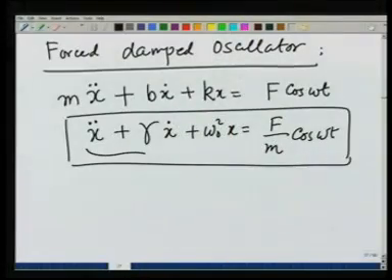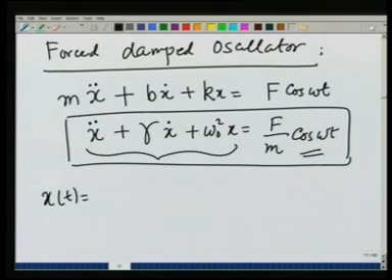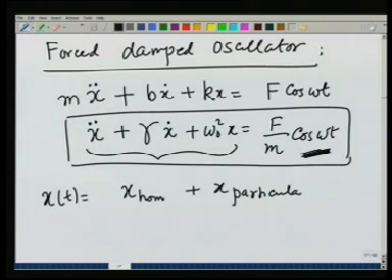Again, as in the case of the free oscillator, I would have the general solution as the sum of the homogeneous part solution and a particular solution. So, x(t) equals x homogeneous plus x particular, where the particular solution belongs to the force I am applying, and the homogeneous solution has those two independent constants.